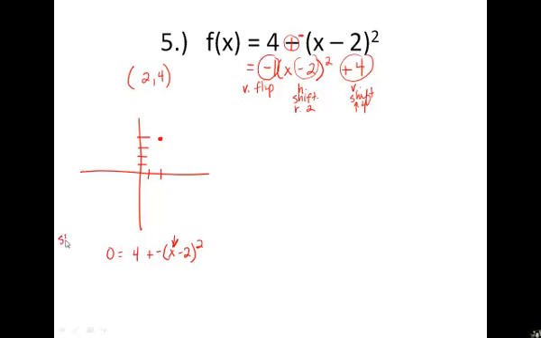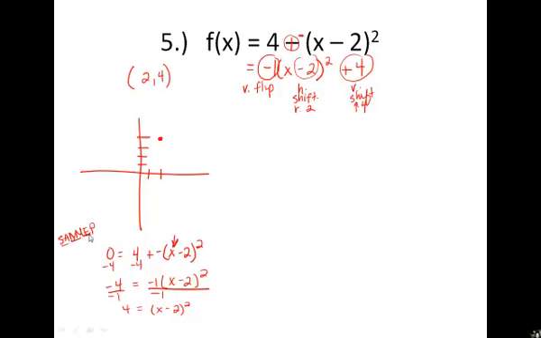So keep in mind SAD-MEP is what we use. Any subtraction or addition not in the parentheses we're going to undo first. So minus 4, negative 4 equals negative 1 times x minus 2 squared. Any division or multiplication not in parentheses, we're going to undo that. So I had that multiplication of negative 1 out there.